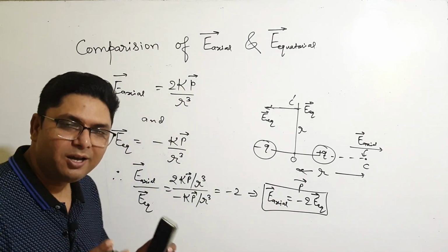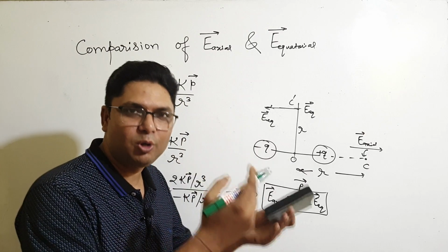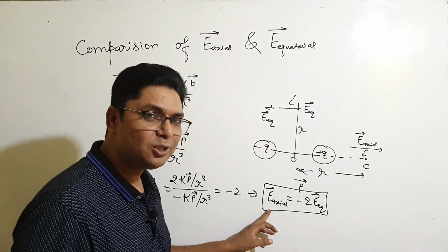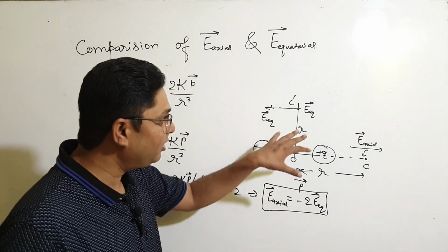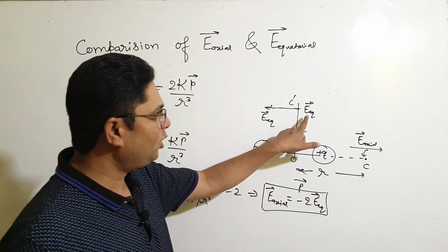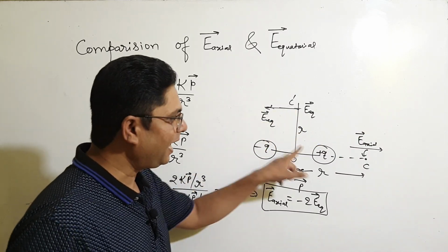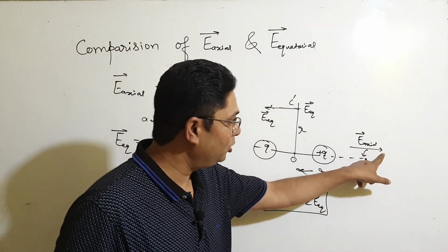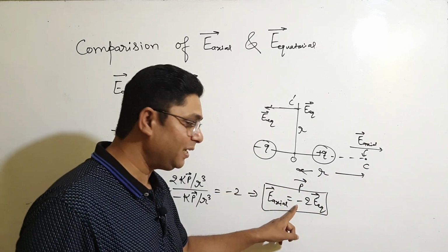Thus you learn that E axial is twice of E equatorial and E axial is opposite to the direction of E equatorial, which can be visualized from the figure also. Here E equatorial is along negative x-axis direction and E axial is along positive x-axis direction. So these two are anti-parallel, because of which there is a minus sign.